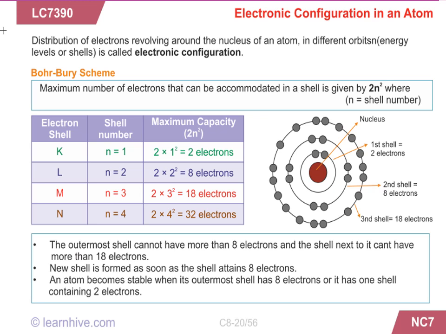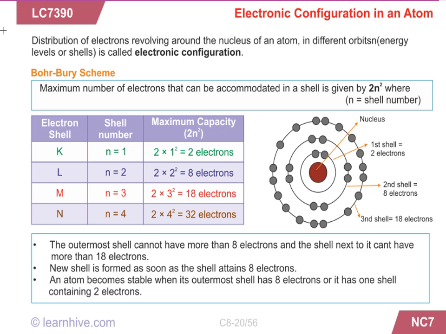Have you understood, children? First shell 2, second shell 8, next shell 18 electrons. The outermost shell cannot have more than 8 electrons, and the shell just next to it cannot have more than 18 electrons.